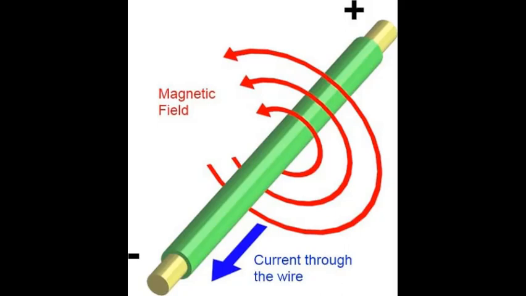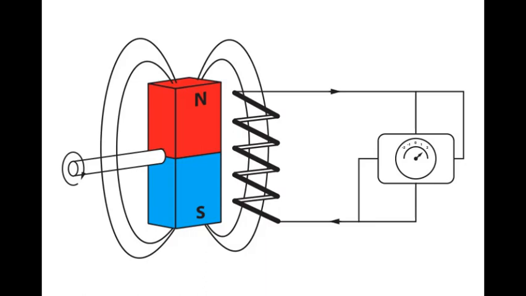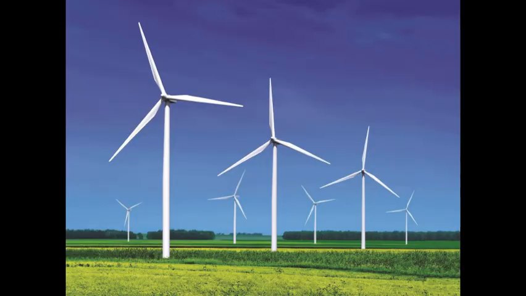Because of that, there are two ways of messing with the electromagnetic field: through the electric field or through the magnetic field. If the magnetic field is going around a wire, and the electric field is the one we're trying to activate, but there's no electricity running through the wire, what we can do is move a magnet over the wire, and that creates energy. That's how wind generators work.